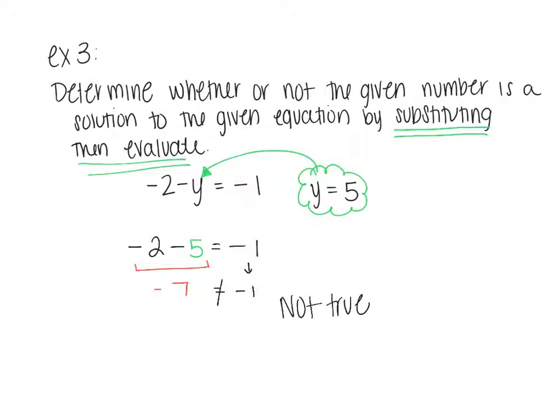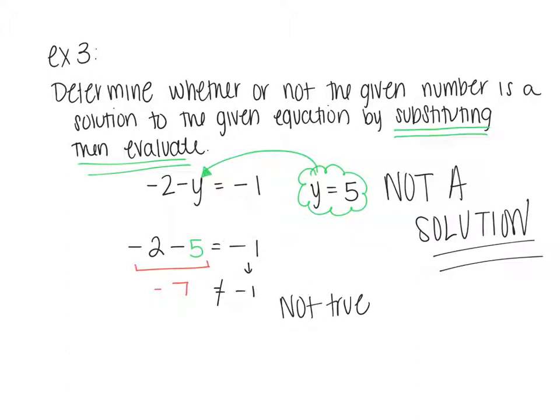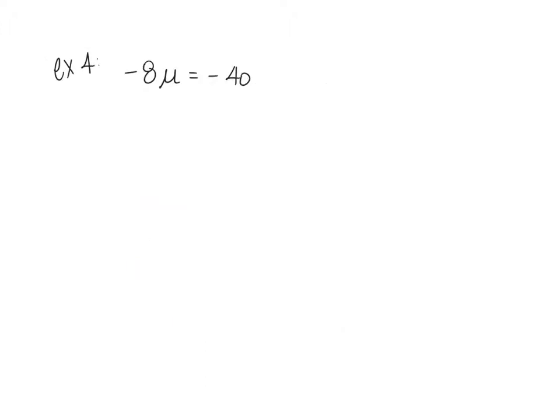So what that means is y equals 5 is not a solution. And how this is looked at is you'll either say yes or no to it being a solution. Going back to this one, if you get a true statement, like negative 1 equals negative 1, that's when it is a solution.